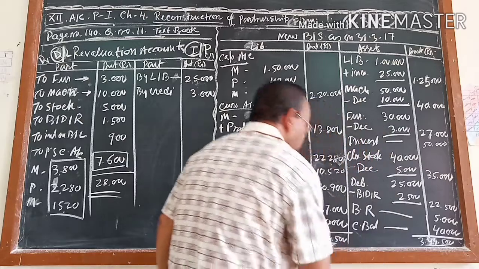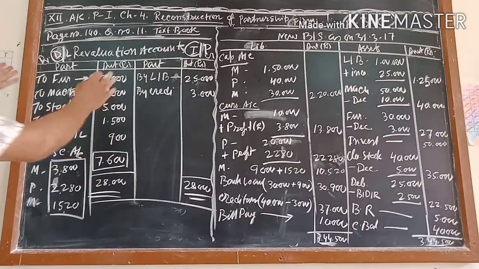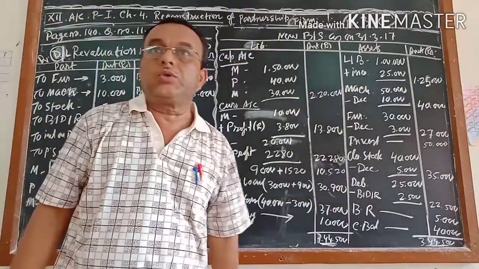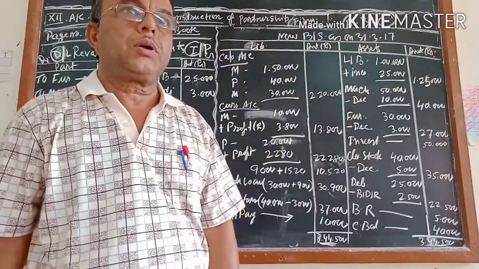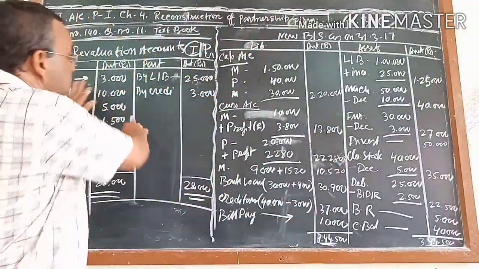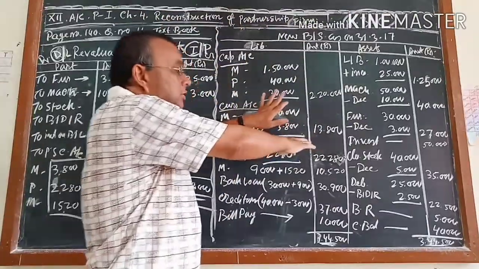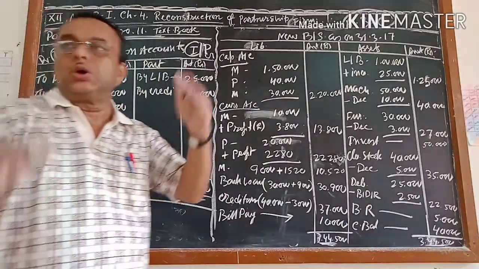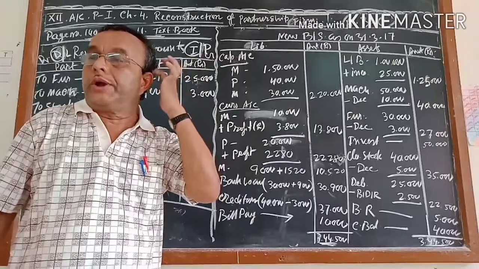Close it. You will do the revaluation account. Once again, in short, I want to explain that one. Once again, you pay attention. You will do the revaluation account, then you will do the new balances. In the revaluation account, the change whatever is given in the adjustments, one by one, you will do it.